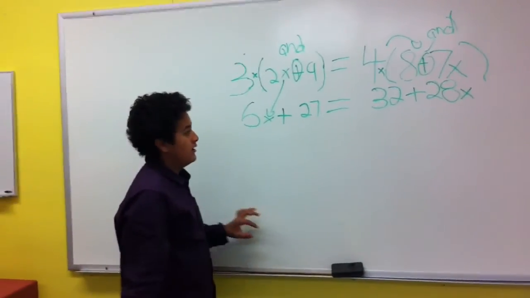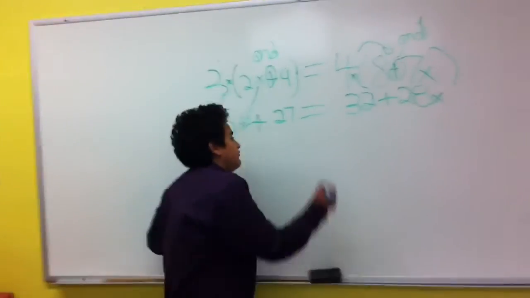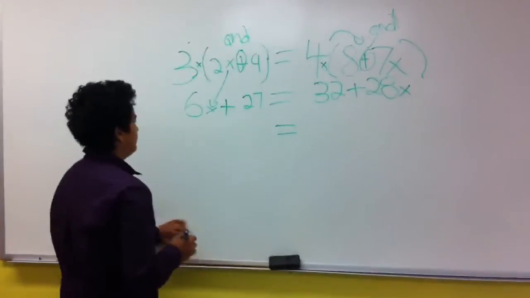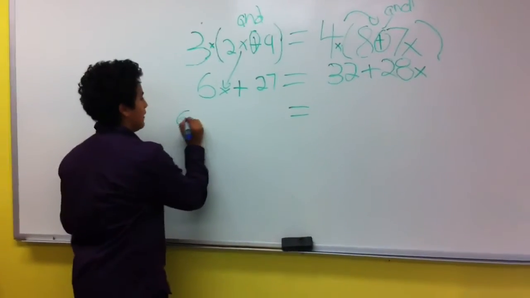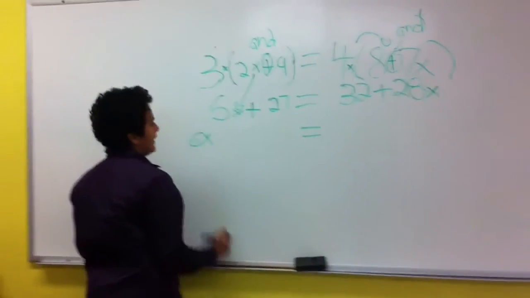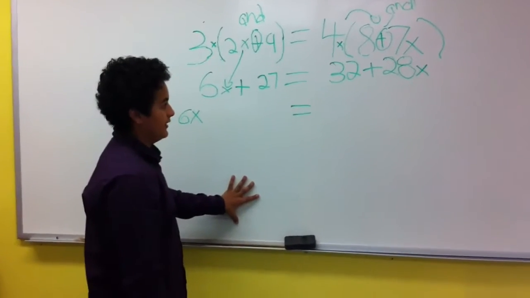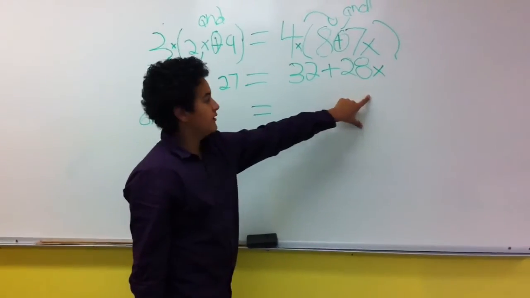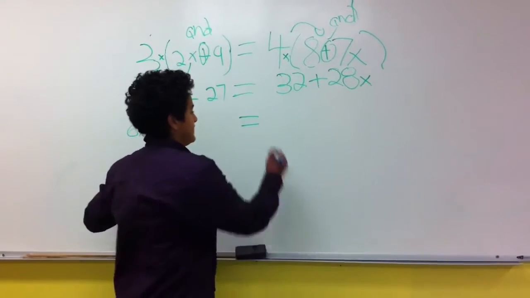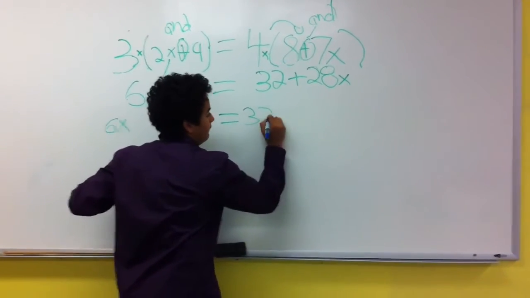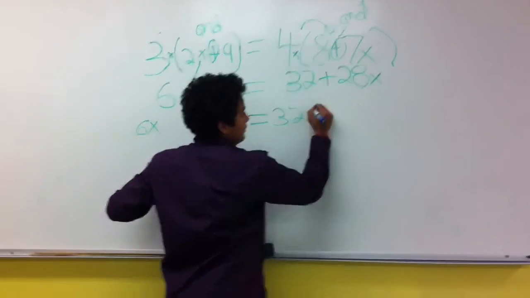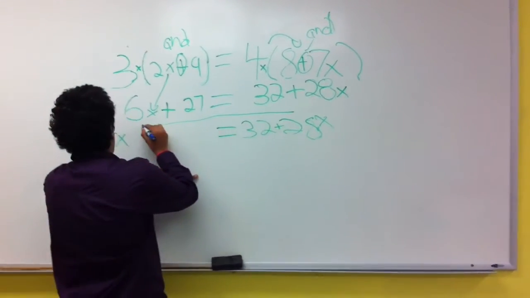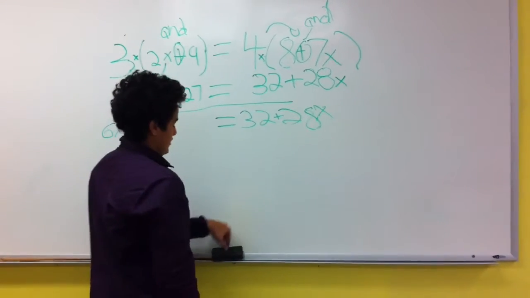Just follow along. Okay, so we're going to want our equal sign, and this is going to be 6x. Okay, this is where it's going to get tricky. Since we have 28x over here, this is still going to be 32, but the 28 is positive. So this is going to hop over here, right?